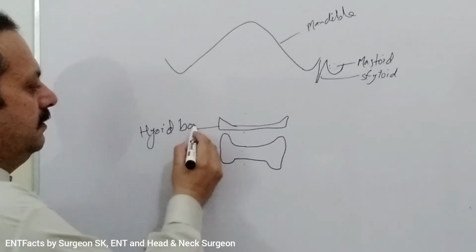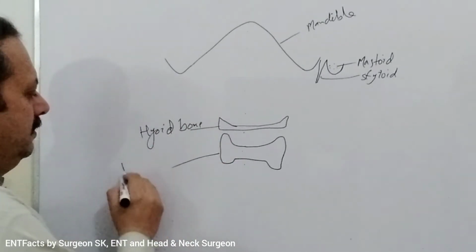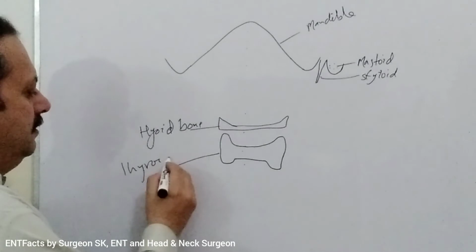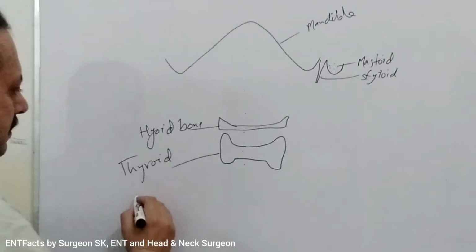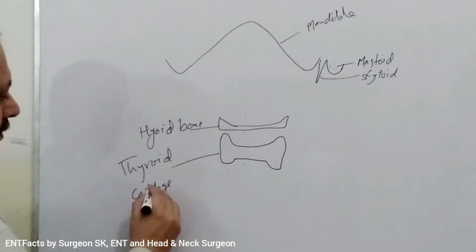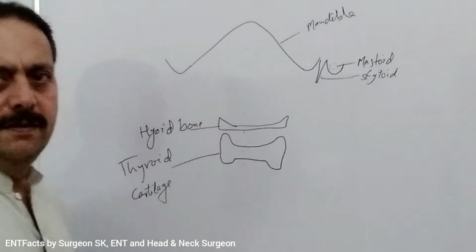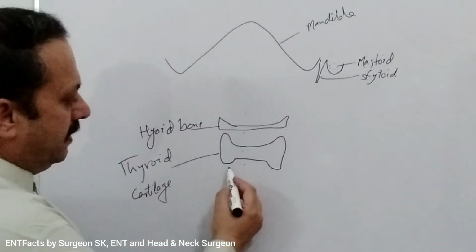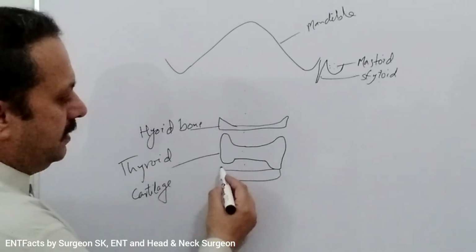Below the thyroid cartilage is the cricoid cartilage.